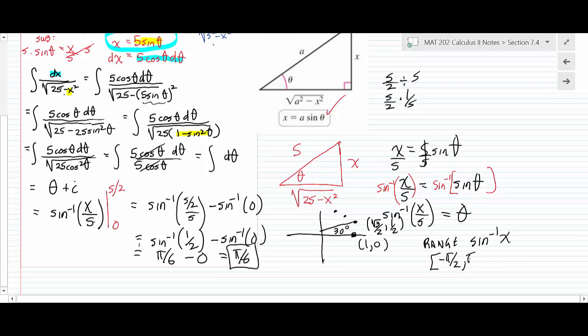So if you're asked to do an inverse sine, you got to make sure your answer falls within that range. And there's only one answer to it. So see, there's your trig background stuff. Now that you're in Calc 2, you're beginning to see everything hopefully coming together, right? Trig, algebra, everything that you've learned in the past starts coming together and crystallizing, right? That's why I like Calc 2 so much. It all comes together.